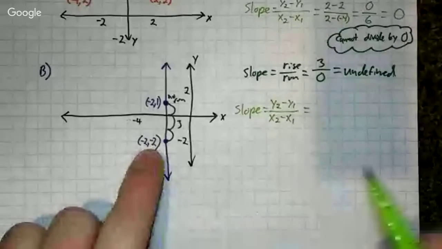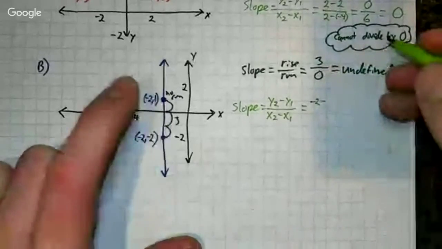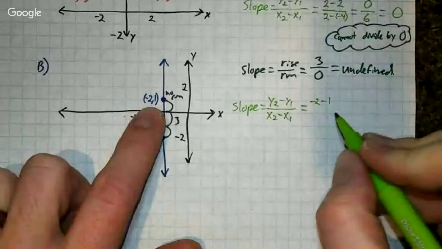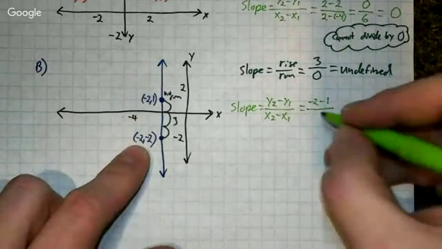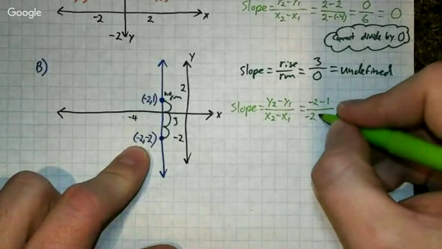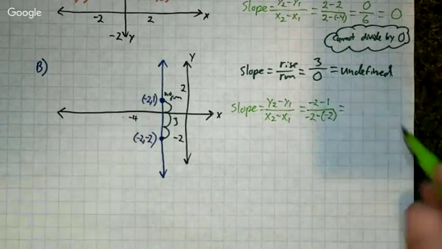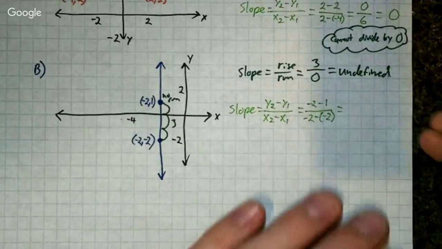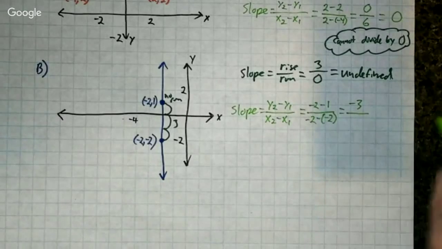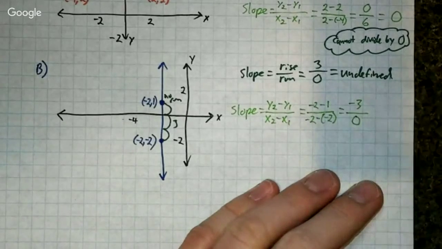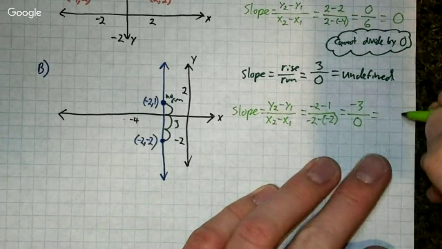So y2 is going to be negative 2 minus y1, which is 1, over x2, which is negative 2, minus negative 2. Negative 2 minus 1 is going to give me negative 3 over negative 2 minus negative 2, which is actually plus 0. So same as 3 over 0, it is undefined.